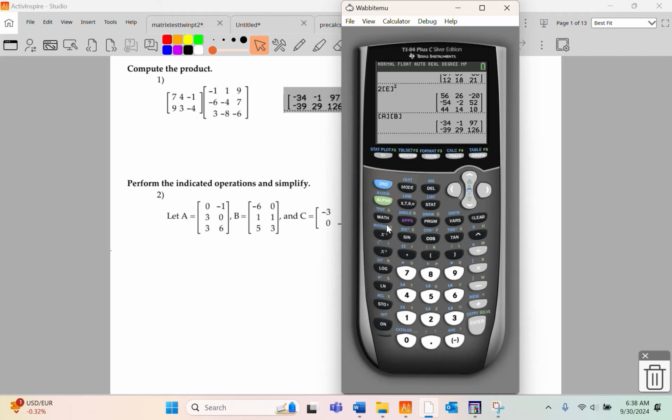B is also a 3 by 2, if I can talk this morning. And then we have C, which is probably a 2 by 3.